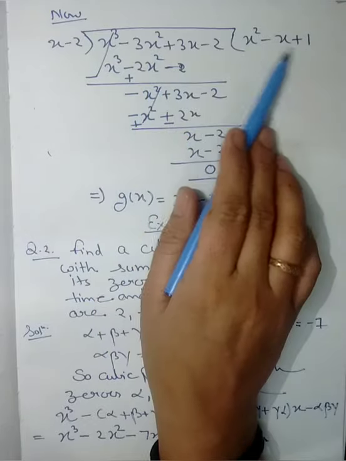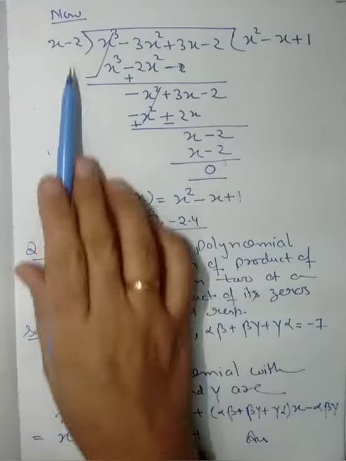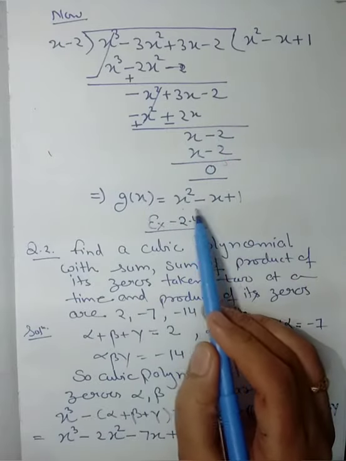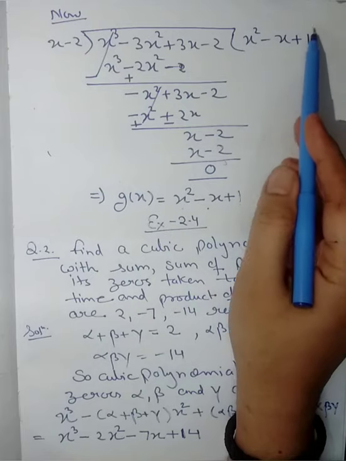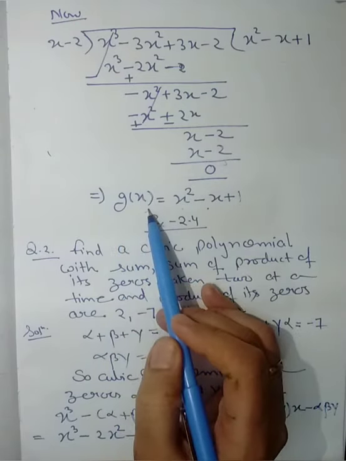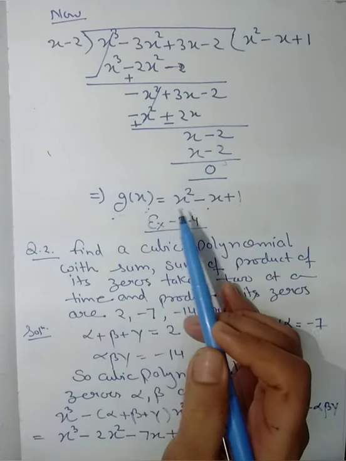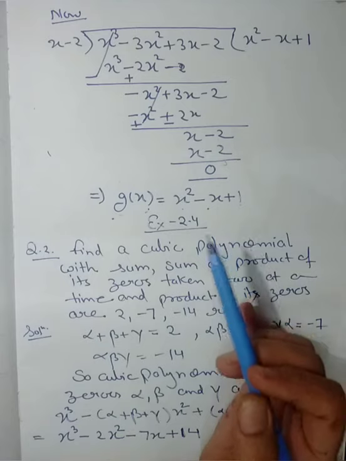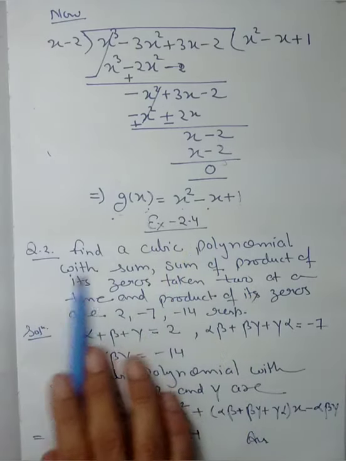As we do this division process, we get the remainder 0 and g(x) is x square minus x plus 1. This is the value of g(x). So this way we can find the divisor if dividend, quotient and remainder are known to us.